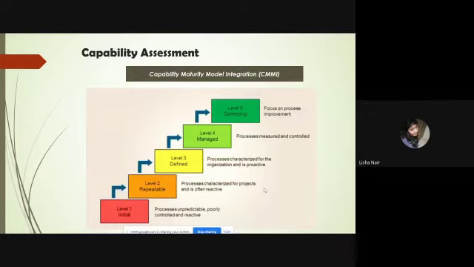When we talk about this capability assessment, we actually start assessing the level of software. In the initial level, what is assessed is whether the processes are working fine, and whether they are reacting to the inputs that we trigger.